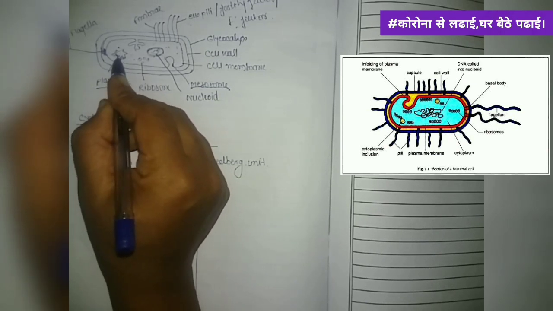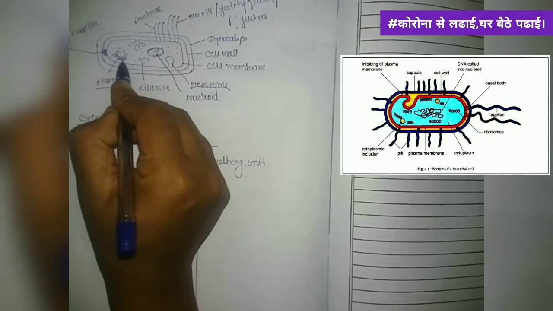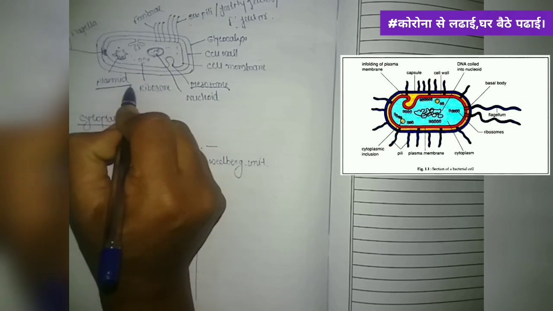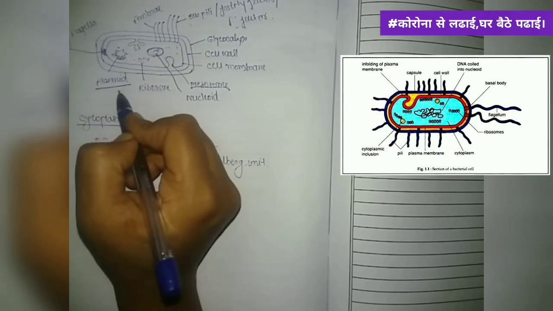Because this single circular DNA is different from the main DNA. This extra chromosomal DNA is known as the plasmid, and this plasmid provides the antibiotic resistance.